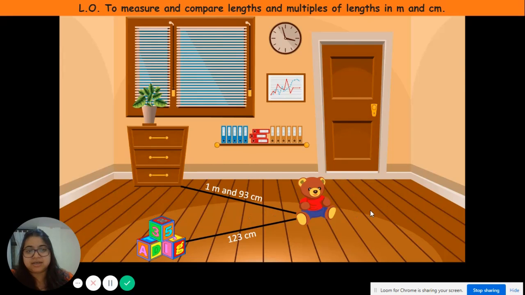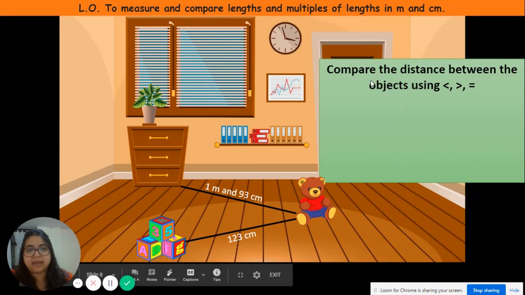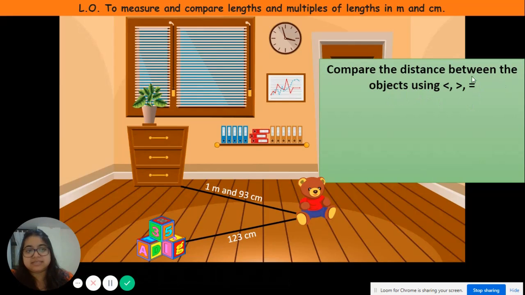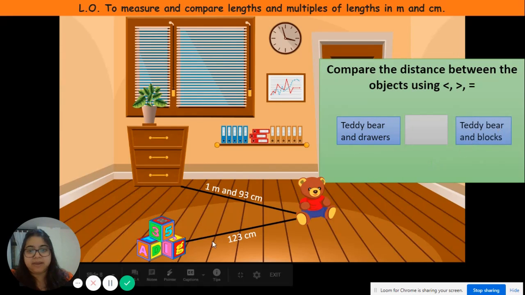Now the question here is, we have to compare the distance between the objects using these signs. So we will compare the distance between teddy bear and the drawers and teddy bear and the blocks, whether this one is larger or this one is larger.